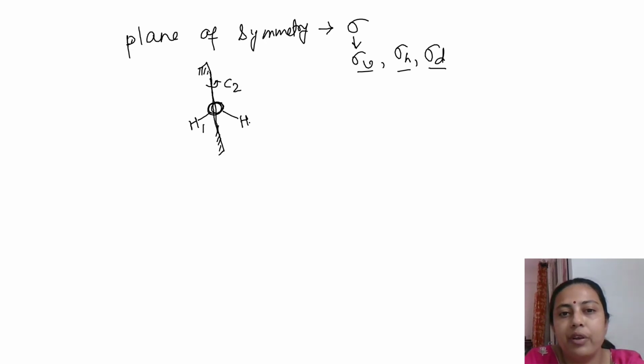If you reflect through this particular plane which is perpendicular to the plane of the board but containing the C2 axis, then your H1 is going to be reflected to H2 and your H2 will come to H1. So that means you are going to get this kind of structure which is an indistinguishable structure from the previous one. So I must say that this particular plane is nothing but a vertical plane.